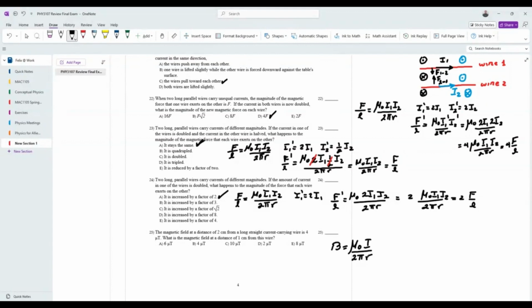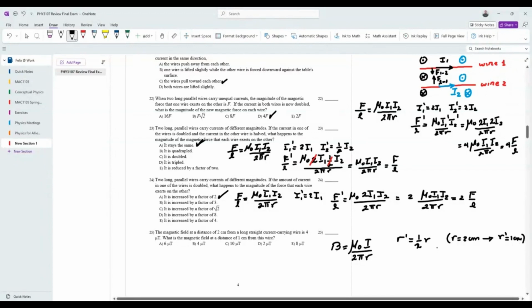Now, when we reduce r from 2 centimeters to 1 centimeter, basically what we say is that r prime is 1 over 2 of r. Why? Because r was initially 2 centimeters and it was reduced. So we call this r prime, the condition of 1 centimeter.